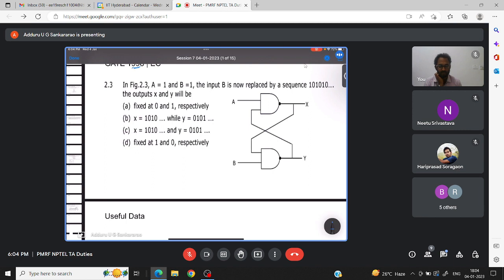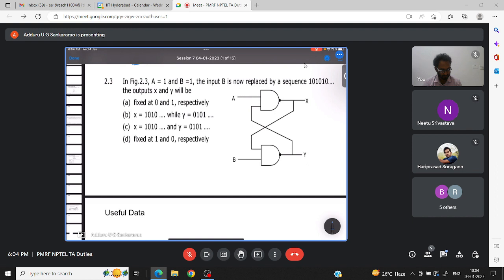So the question is, in the figure shown below, A equal to 1 and B equal to 1. The input B is now replaced by a sequence 10, 10, 10. The output X and Y will be? Initially A equal to 1 and B equal to 1 they have given.